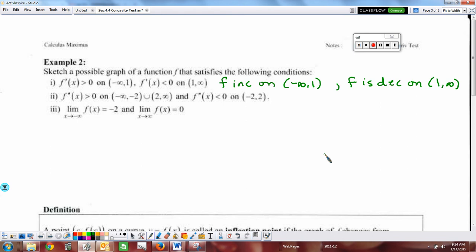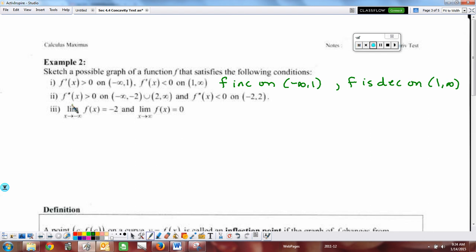And we know that the function itself is switching from increasing to decreasing at x equal to 1. A place where you switch from increasing to decreasing, if it's a continuous function and that point exists, would be a candidate for a possible extrema. All right.